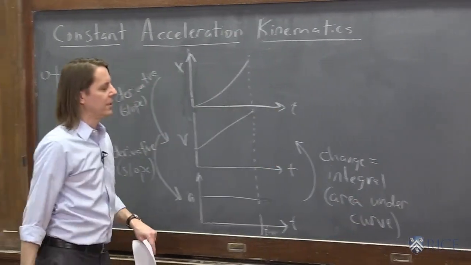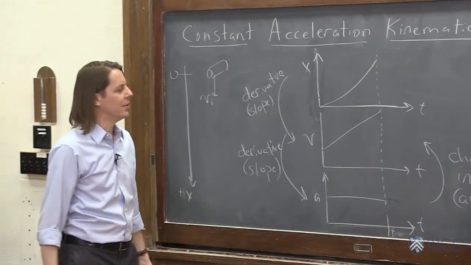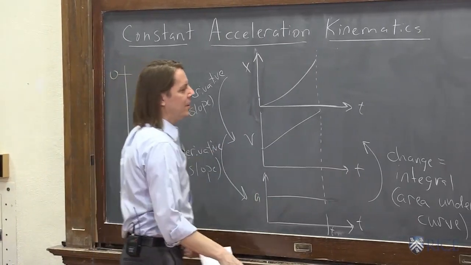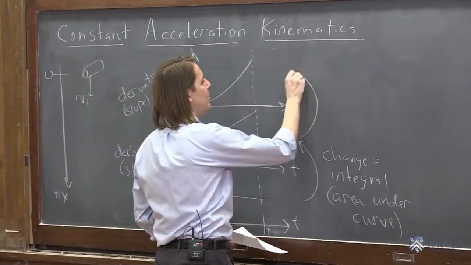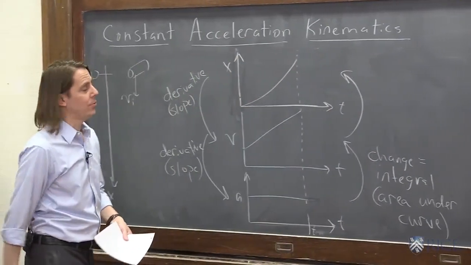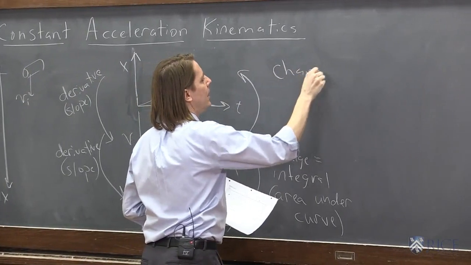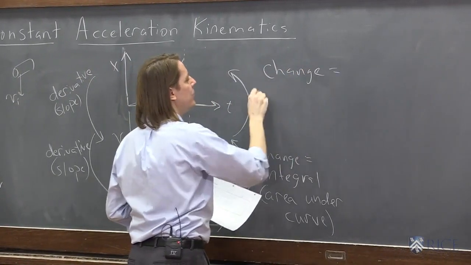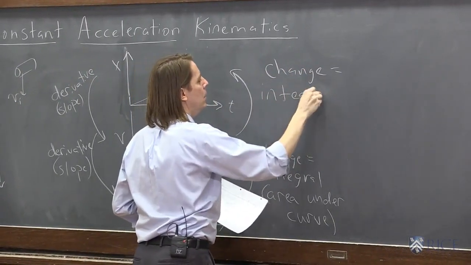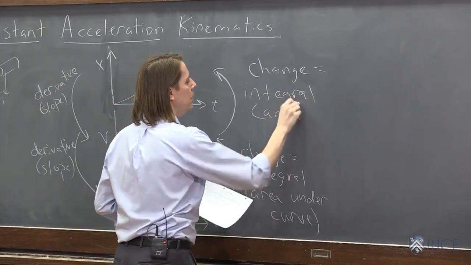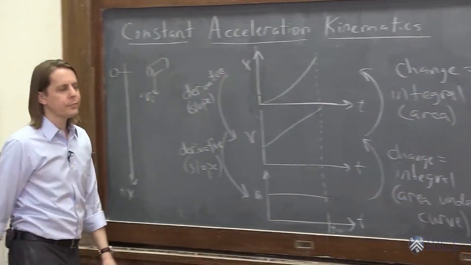You learn that in calculus; that's kind of what an integral is. It's an area under a function. So the change in v is the area under the acceleration curve, and the same thing happens here. It's really just math, so it has to be the same. Here also, delta x equals the integral of the velocity versus time curve, which is also just the area.